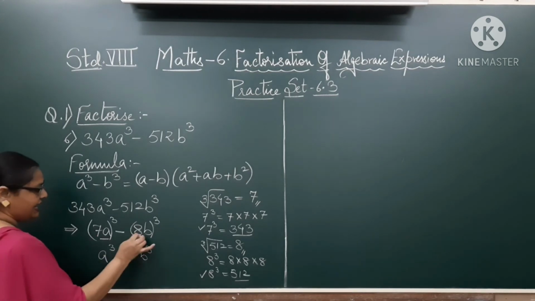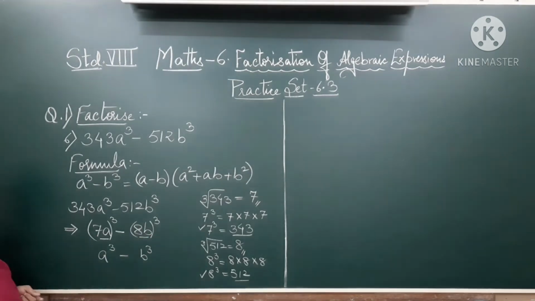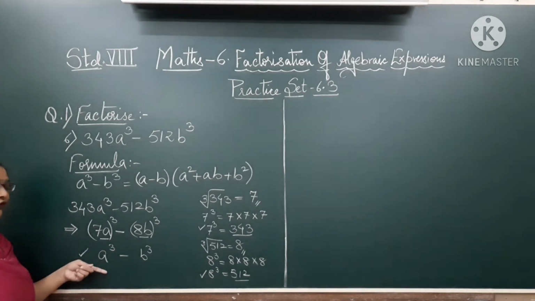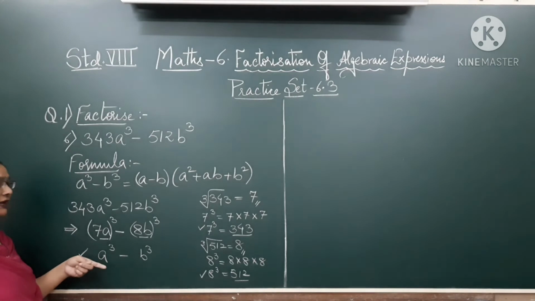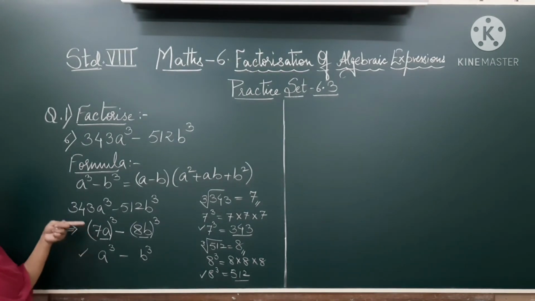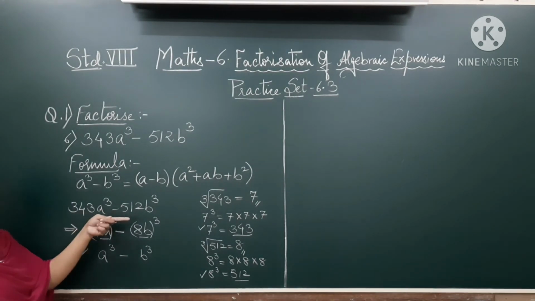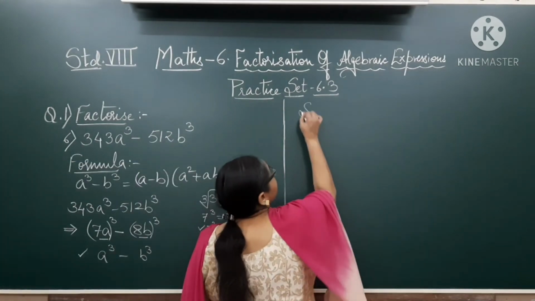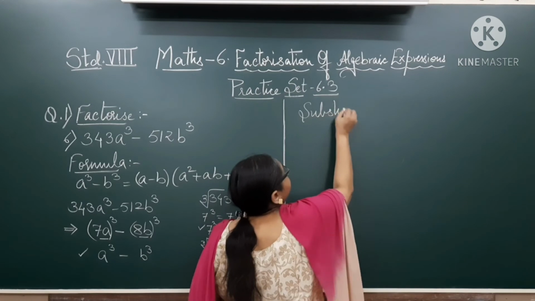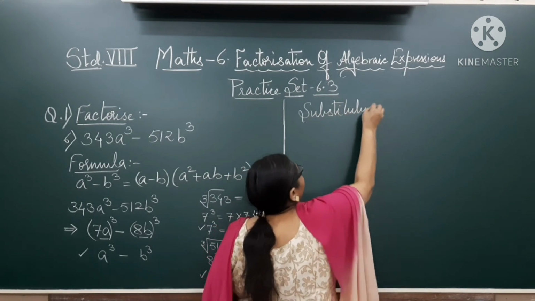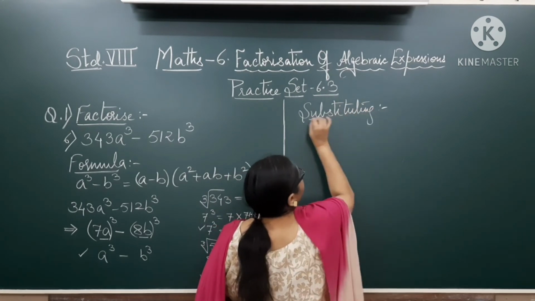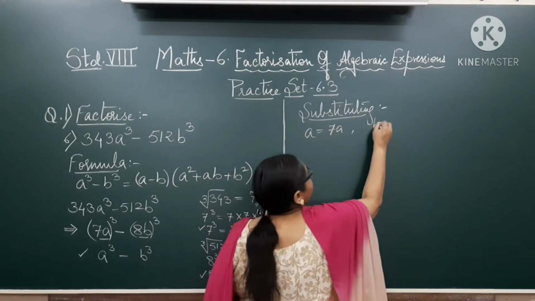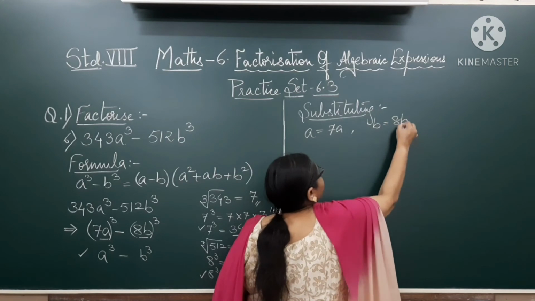So this is a and this is b. Let me now substitute the values for a and b here to factorize 343a cubed minus 512b cubed, substituting a as 7a and b as 8b.